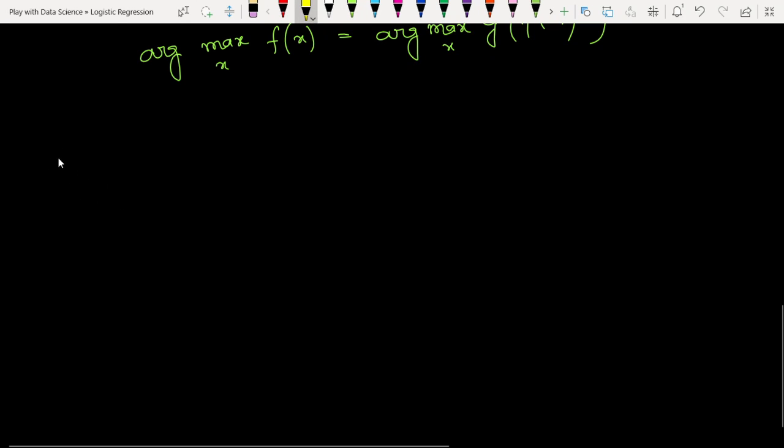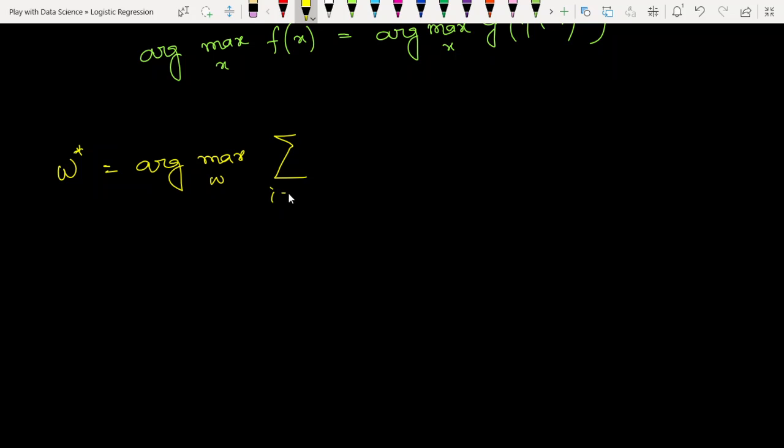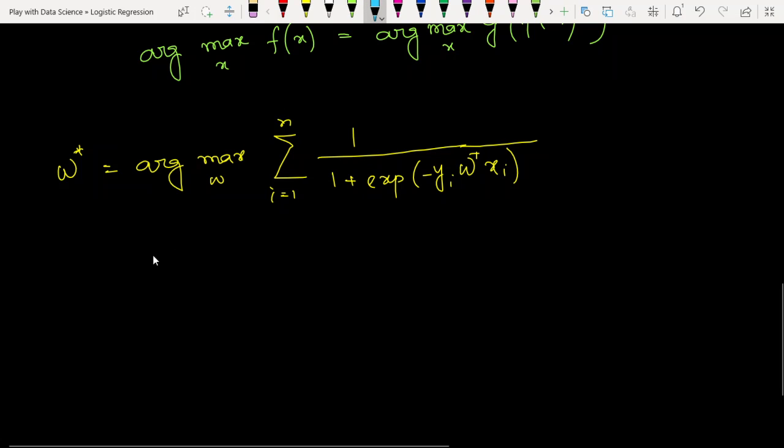So first we write down these equations again.